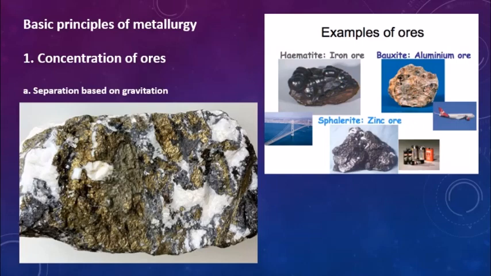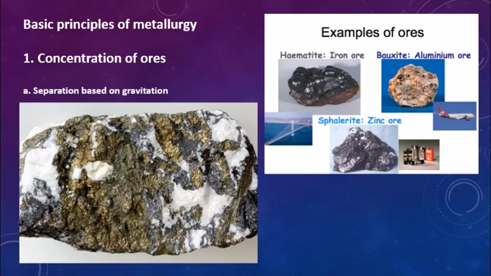Now the method depends upon the reactivity of the metal, the properties of the metal and the ore, that is, the impurities present in the ore. All these factors are considered, and also what type of environmental pollution can be created. The first in the concentration of ore is the separation based on gravitation.